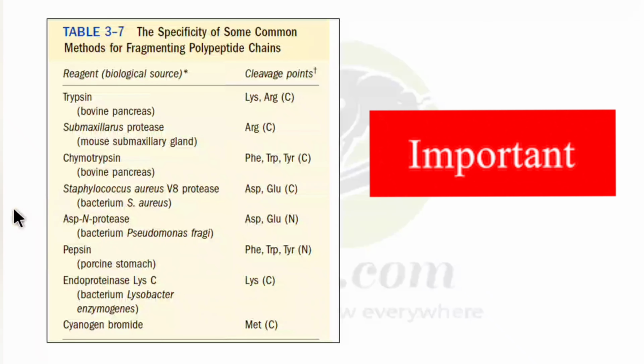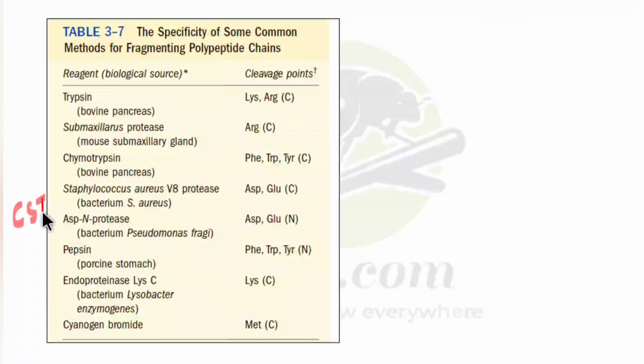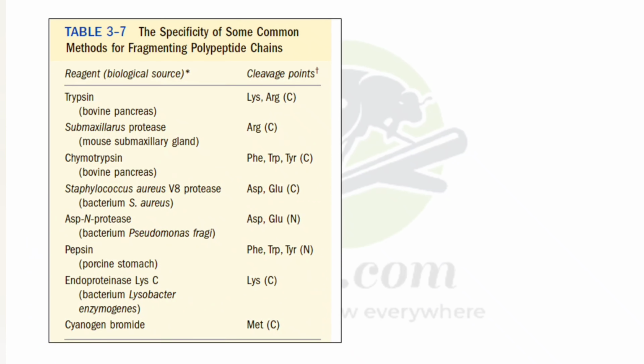You have seen this question so many times, like the cleavage site of some of the important proteases. So you have to remember it, and you can take a screenshot. The cleavage site of trypsin is particularly the carboxyl end of lysine and arginine residues, and for chymotrypsin it is phenylalanine, tryptophan and tyrosine at the carboxy terminal.